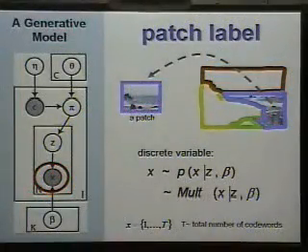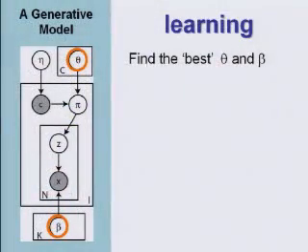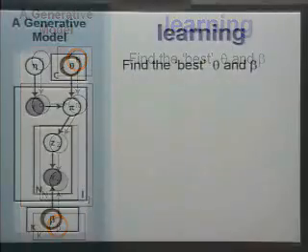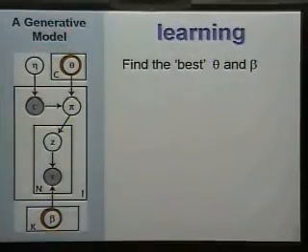So we do this n times to complete the process, and then what we need to do in learning is really to find the best parameters that fit the training data. So it'll be the priors on the mixing parameters, as well as these distributions over code words for each topic.